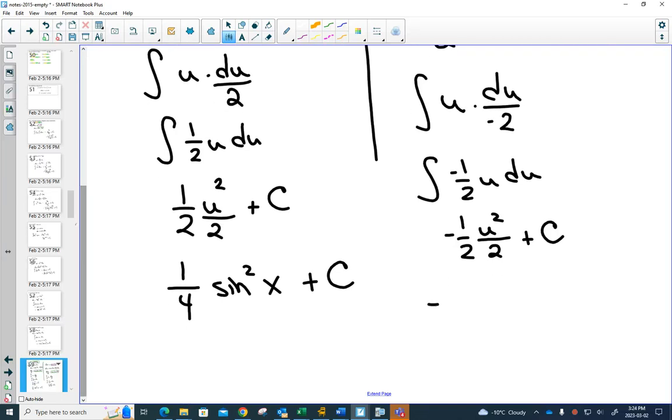And our final answer becomes negative 1/4 cos squared x plus c. And that answer does not look exactly the same as the first answer. And yet it is also right. Is that a little problematic for you? I hope so. Good. Welcome to integration.